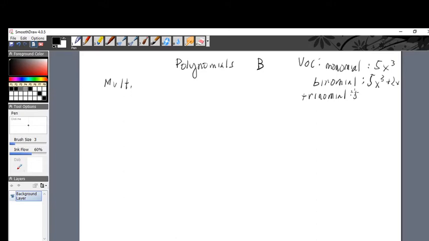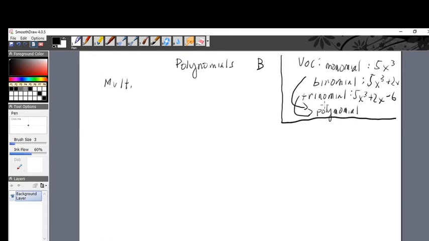Here's an example of that, 5x cubed plus 2x minus 6. And then a polynomial is anything above 1. A binomial is a polynomial, a trinomial is a polynomial, and 4, 5, 6, 7, 8, 9, 10, all those are polynomials. So that's just some quick vocabulary I'm putting off on the side.